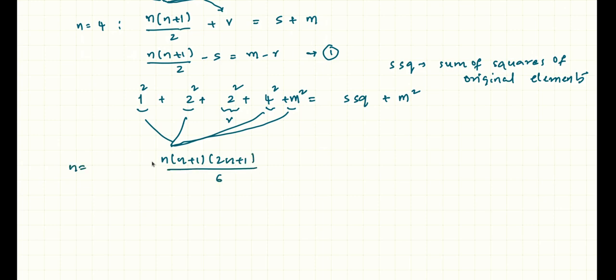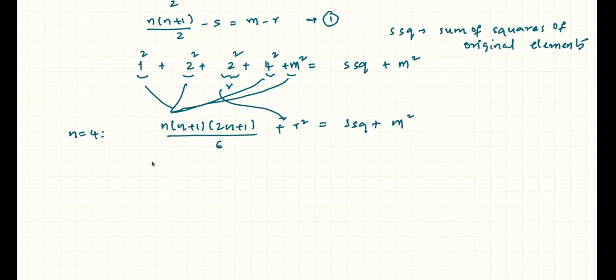Here again n is equal to 4, and we have r square, and we have the summation of squares plus m square. Let's segregate the values: n into n plus 1 into 2n plus 1 divided by 6 minus summation of squares is m square minus r square.